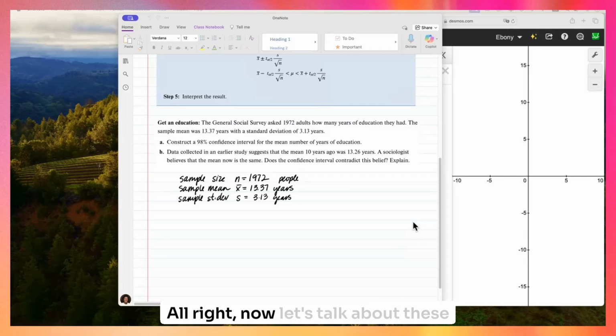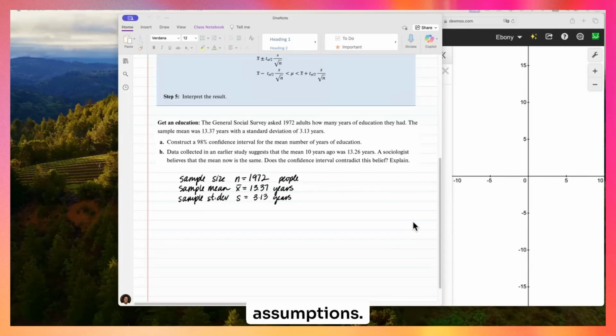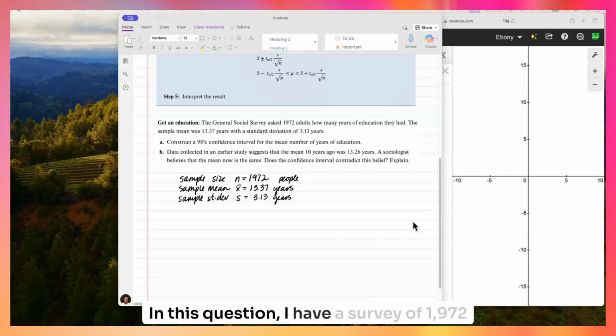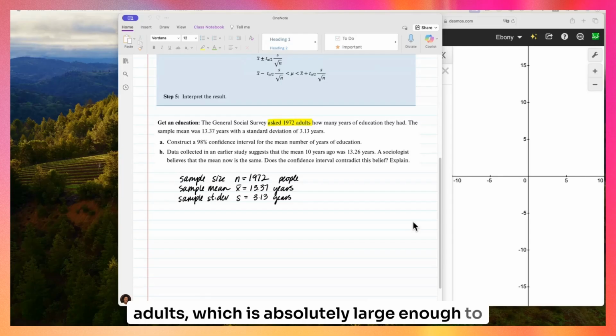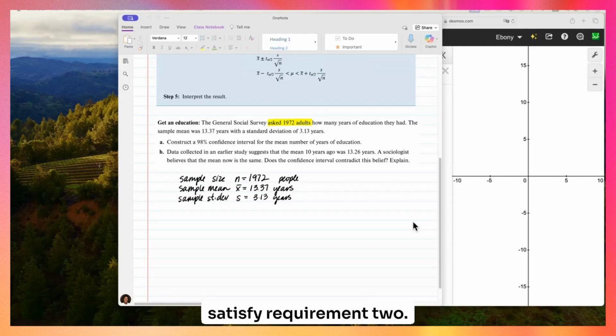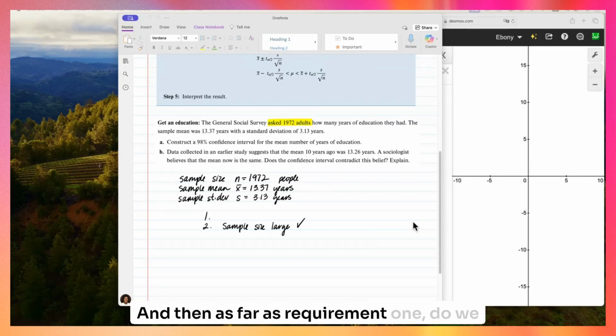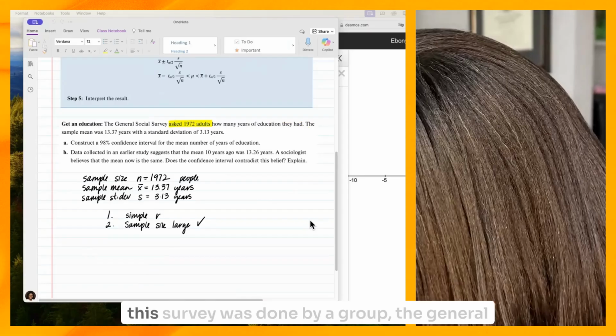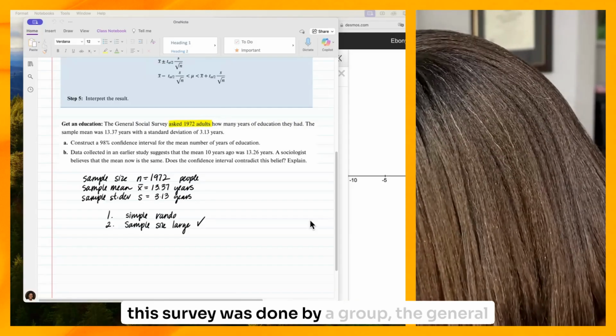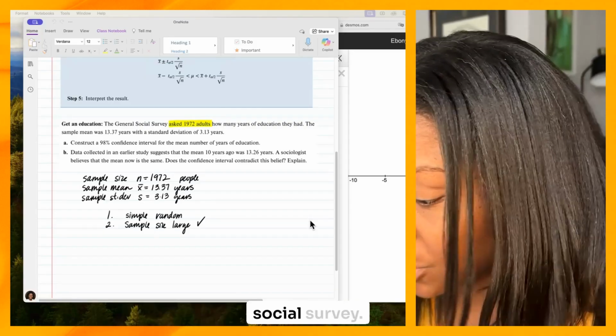All right, now let's talk about these assumptions. In this question, I have a survey of 1,972 adults, which is absolutely large enough to satisfy requirement 2. And then as far as requirement 1, do we have a simple random sample? We are told that this survey was done by a group, the General Social Survey.